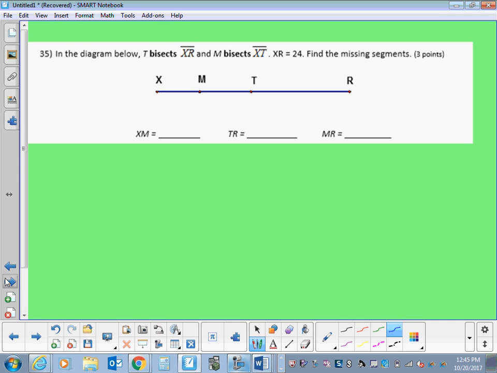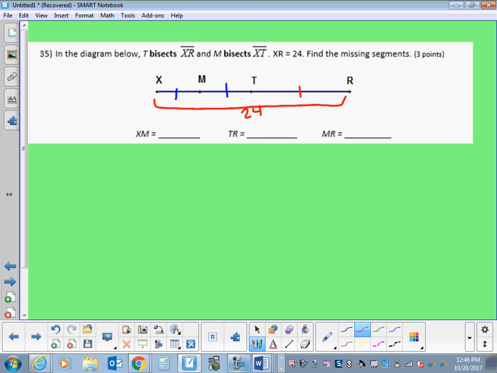In the diagram below, T bisects XR, M bisects XT. So these two lines are congruent. Find the missing segments. Well, I know that this whole thing is 24.